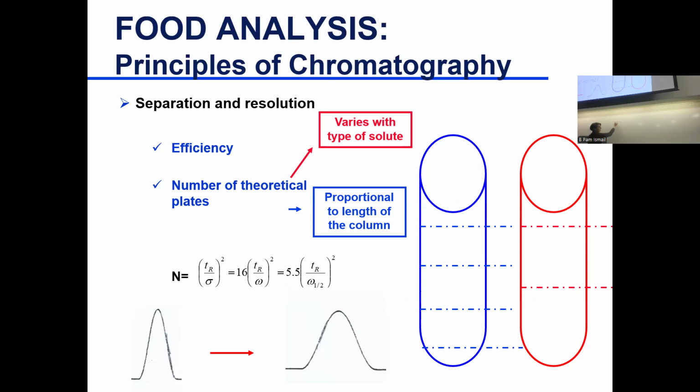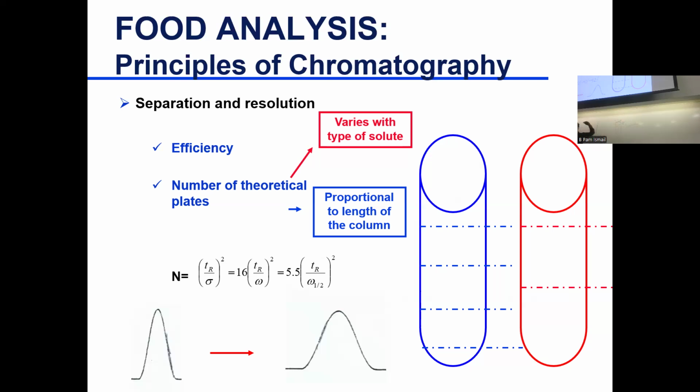So when you inject your sample with the solutes, if the column is efficient, stationary phase is new, you expect you get equilibrium quickly between the mobile phase and the stationary phase as it moves through your column.